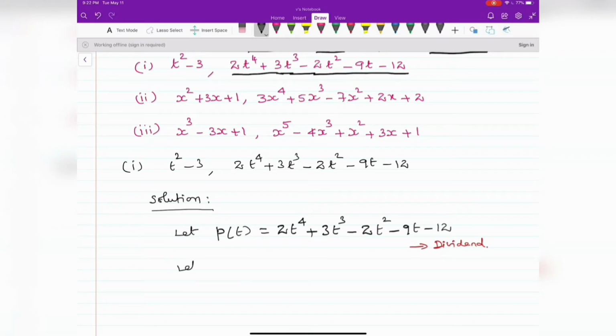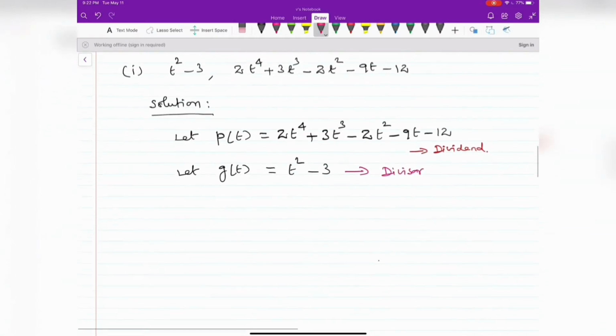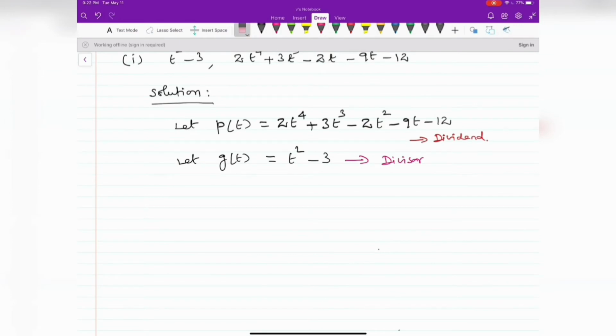And let us take the divisor as g of t, which is equal to t square minus 3. So this is the divisor. Now my aim is to divide p of t by g of t, and we have to see what happens to the remainder. Let's do it now.